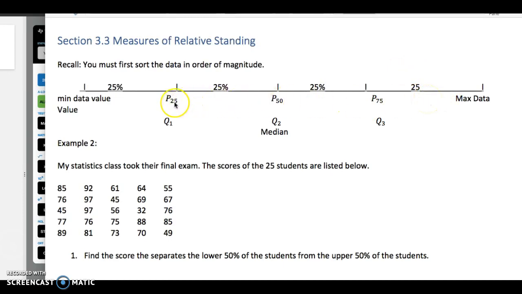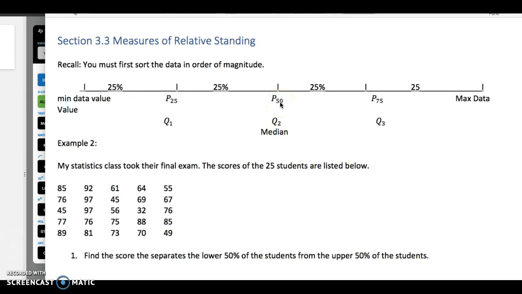The 25th percentile is a value that separates the lower 25% of the data values from the upper 75%. And the first quartile is that same number. It is a value that separates the lower 25% of the values from the upper 75%.